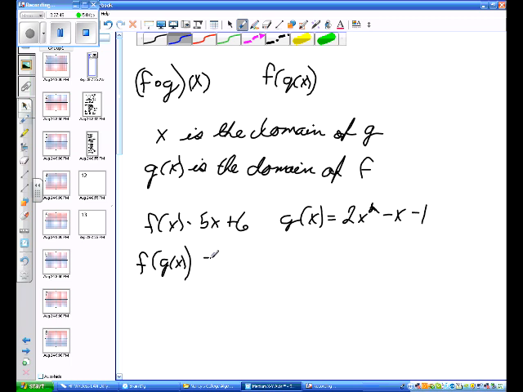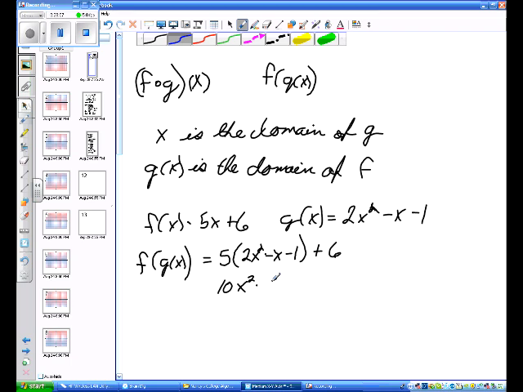So we would start out, we're going to take our function f, so we've got 5. Now wherever there's an x, we're going to plug in g of x. So we would plug in 2x squared minus x minus 1 plus 6. And then we simply simplify it.